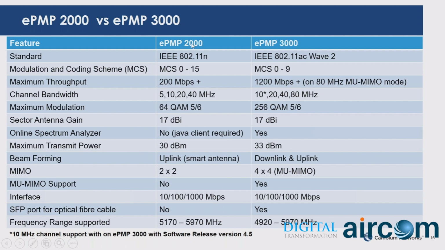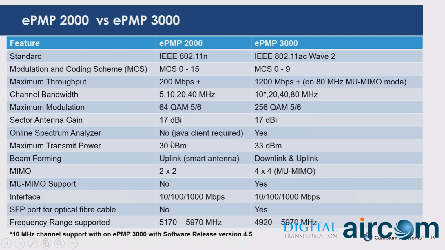We have more granular channel support on ePMP 2000: 5, 10, 20, 40, whereas on ePMP 3000, you have 10, 20, 40, and 80. There is no 5 megahertz channel support on ePMP 3000. The maximum modulation supported is 64 QAM for ePMP 2000 and 256 QAM for ePMP 3000.